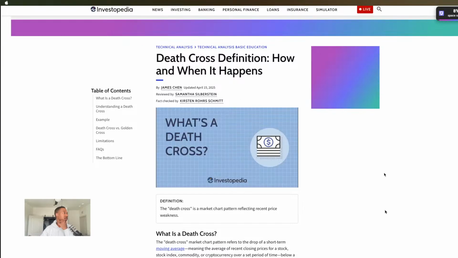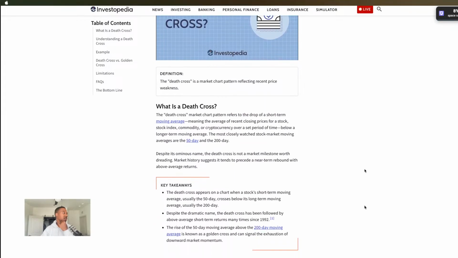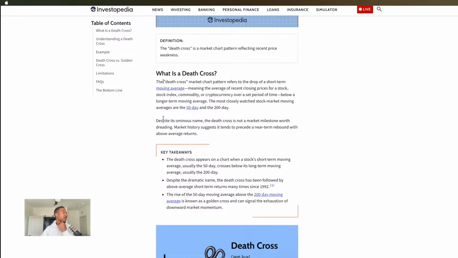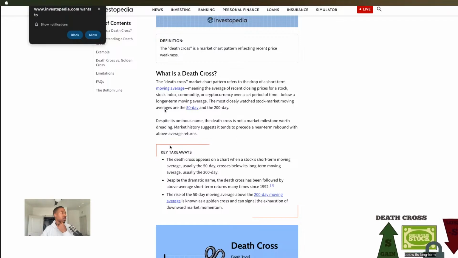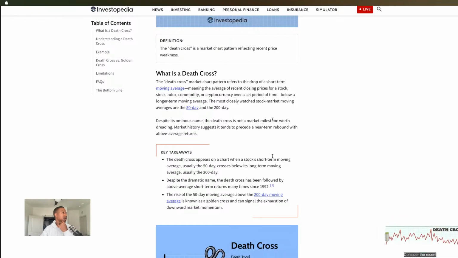All right, so here we are, Investopedia. Nothing wrong with looking at a death cross. A death cross is a market pattern that refers to the drop of a short-term moving average, meaning the average recent closing prices for a stock index, over a certain period of time, below a longer term average.